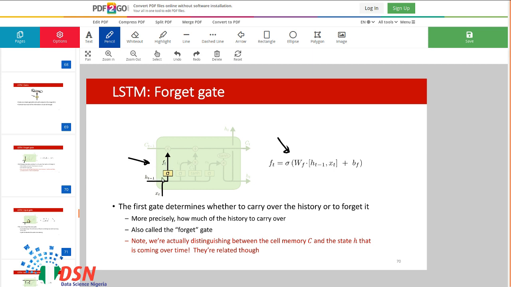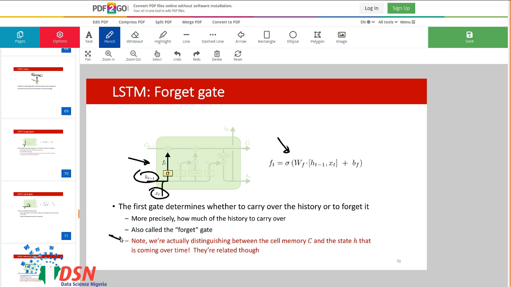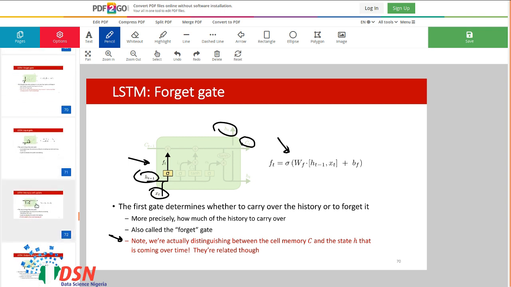Okay, because we are applying this on the previous hidden state and the input. Also, an important point is that we are distinguishing between the cell state and hidden state, but they are actually related, so they are not fully independent things. We are just splitting them, and they have different characteristics, so we name them different things.